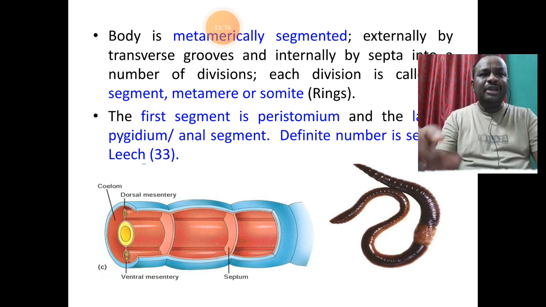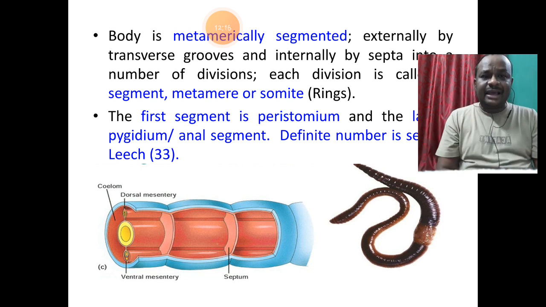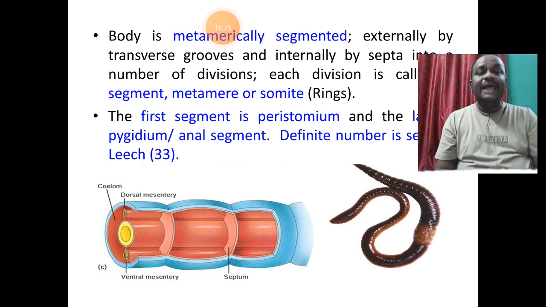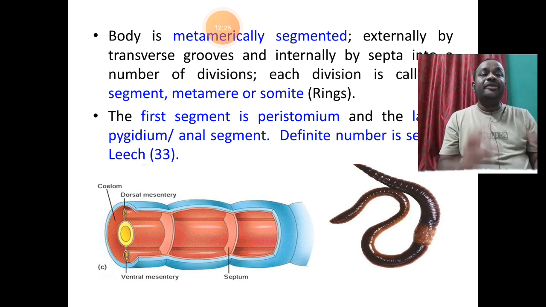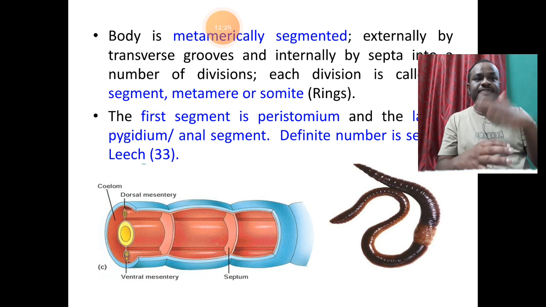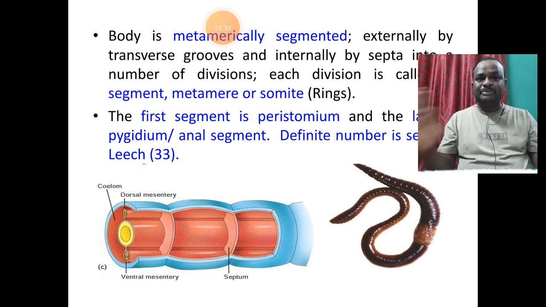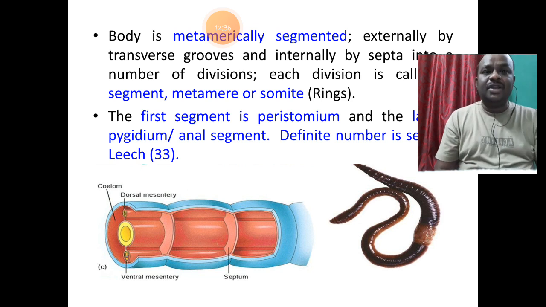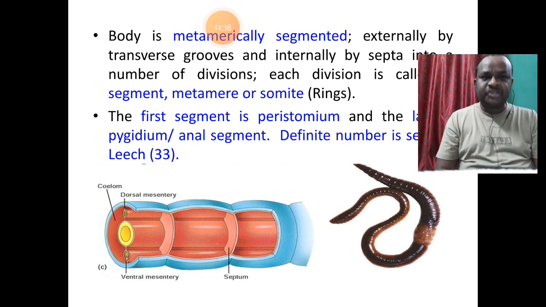So overall the body of the animal, in this diagram down towards the left side, is divided into a number of compartments or chambers. If an invertebrate has outside transverse grooves and inside compartmentalization, this condition is called metamerization.